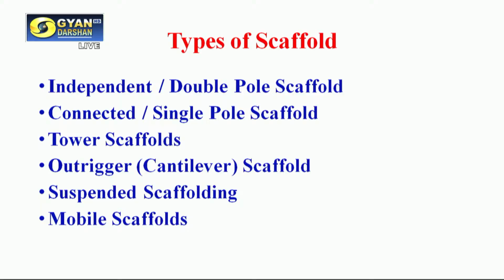It looks like a tower basically, so that way it is called a tower scaffold. Then cantilever scaffold means that from the main scaffold, sometimes you need to reach a point where you cannot reach standing on the main scaffold.